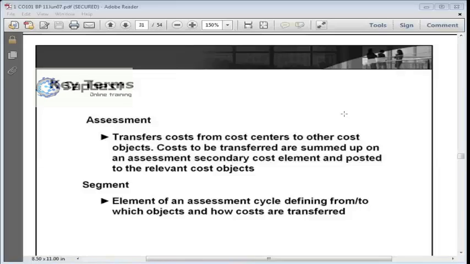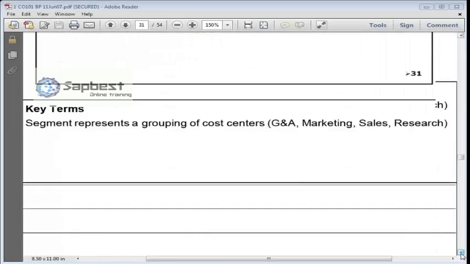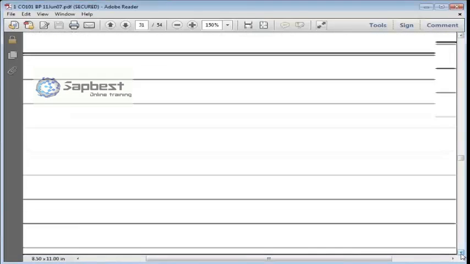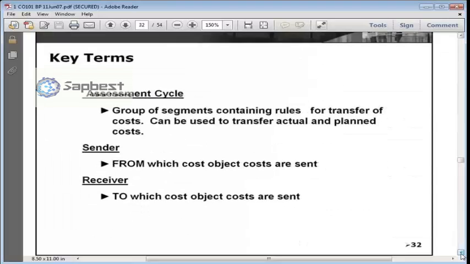A segment is an element of the assessment cycle defining the to object, which object, and how the costs are transferred. So how are you transferring from one to the other? You can group the segments by, is it G&A, is it marketing, is it sales, which segment are you concerned about?